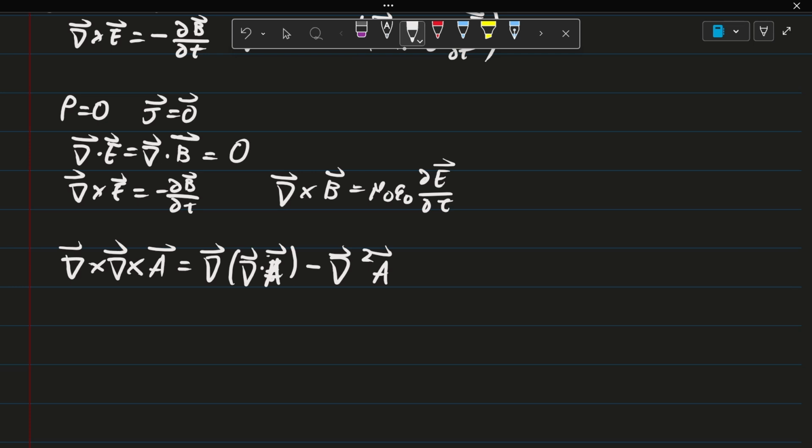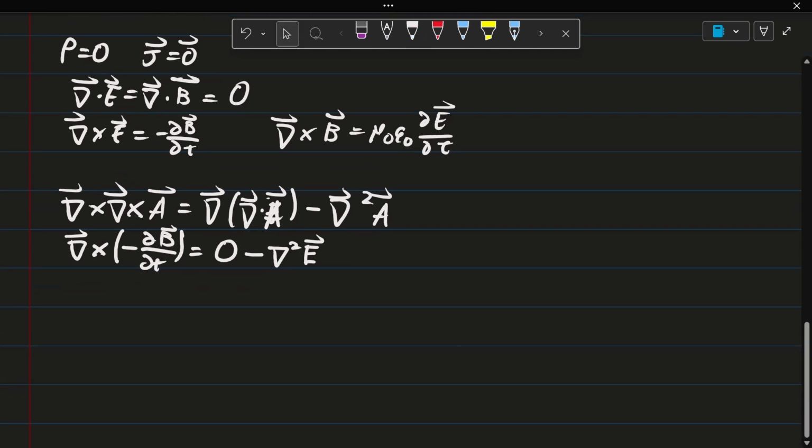And so if we try to solve this entire thing by plugging it into one of E or B, here I'll just put in E and see what will happen. What we'll get on the left hand side will be the nabla cross negative partial over partial t of the B vector, which is equal to the gradient of the divergence of E, which turns out to be 0, so that means this is also 0, subtracted by the Laplacian of the E vector.